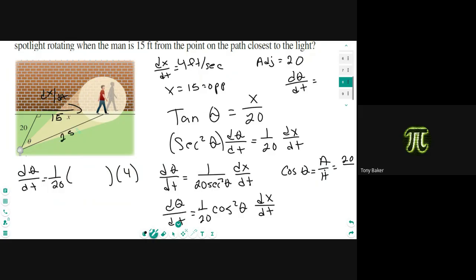So that's 25, and then that's squared, right? So 20 over 25, squared. So now we can just plug all that in and find the answer.